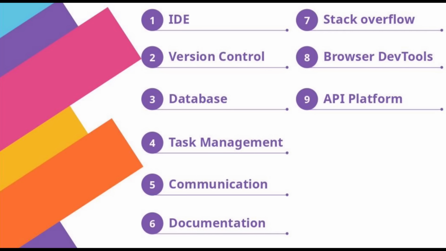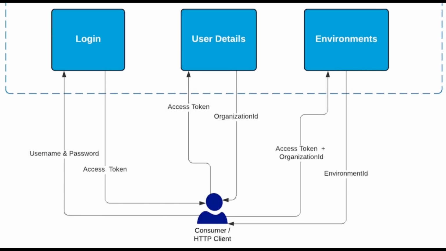Okay, the next software development tool is API Platform. An API platform is a digital backbone that offers a unified set of capabilities for developing and managing APIs to support an API strategy. An API platform allows developers to manage the full API lifecycle across the entire API landscape securely.